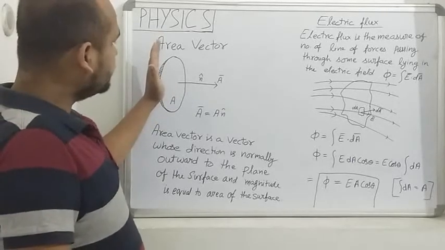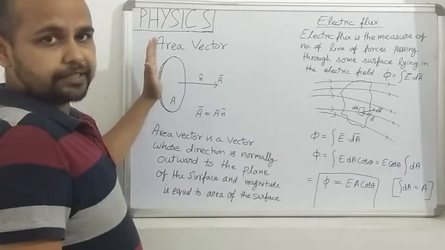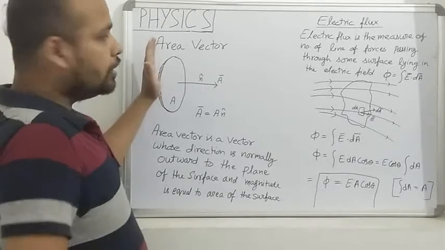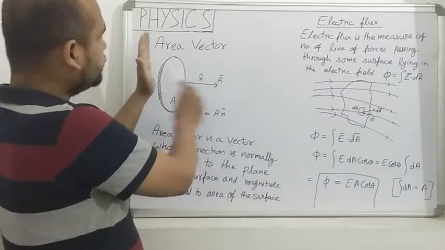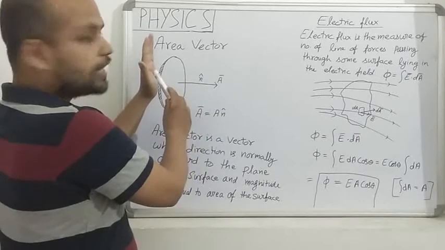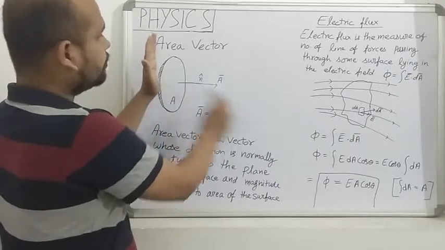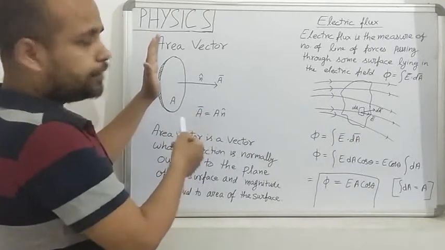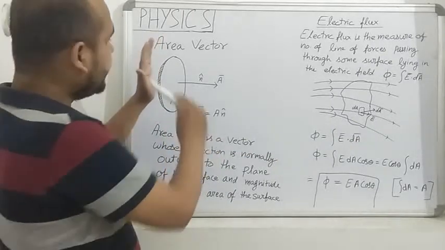Now, if we are considering a vector which is having a direction normally outward to this plane, so this is the vector which is having the direction normally outward, and the magnitude of that vector will be area of the plane.